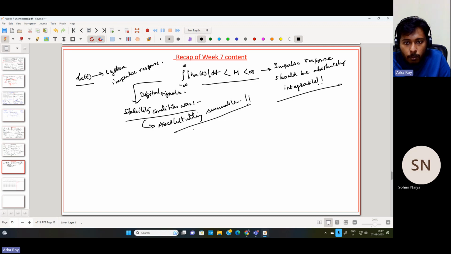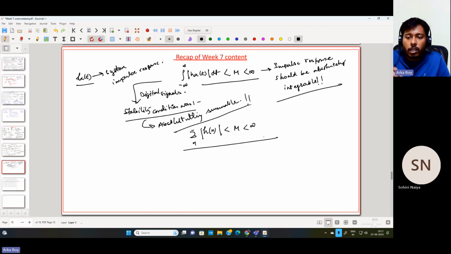Or if I just have to write mathematically, it would be the summation of |h(n)| should yield a finite value which is less than infinity, and if this is satisfied, then we can say okay, the system is basically stable.